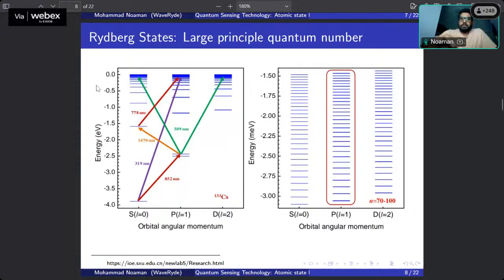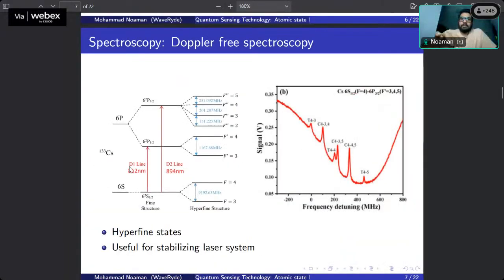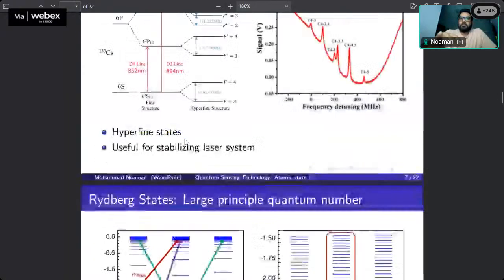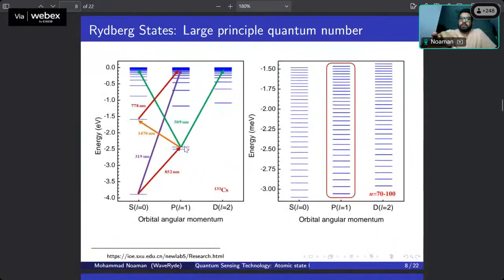This is the energy line starting from the cesium S state. This is the P state. P has two lines, but those hyperfine levels are not shown here; they are buried in the details.